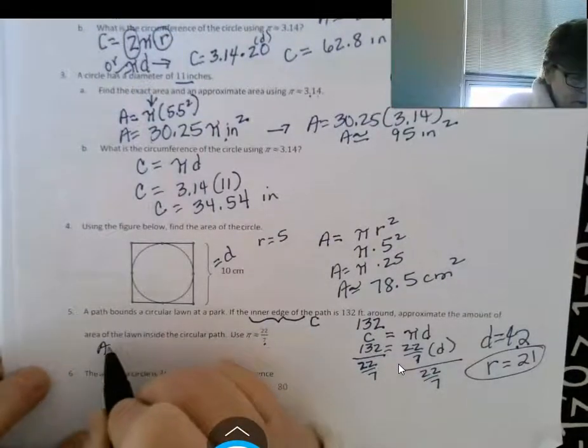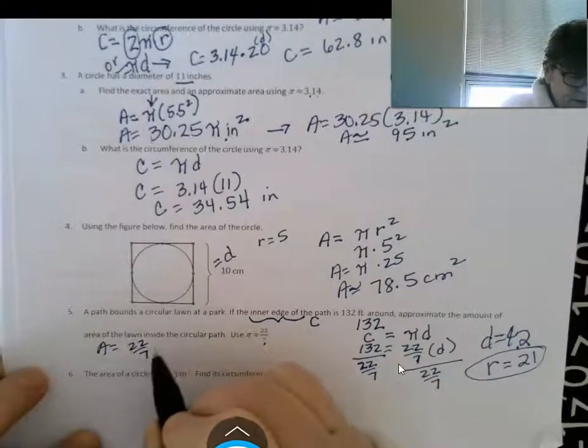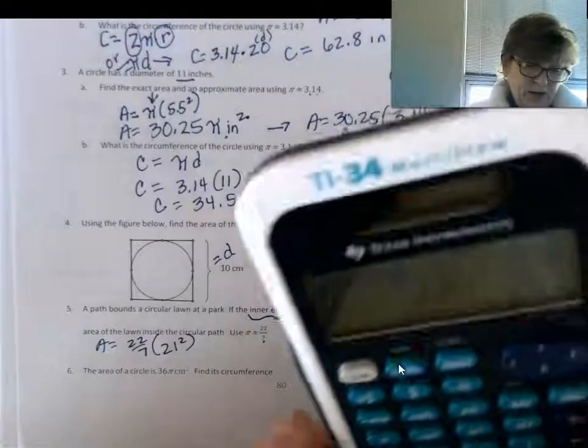So area is equal to 22/7 times 21 squared. Here we go.